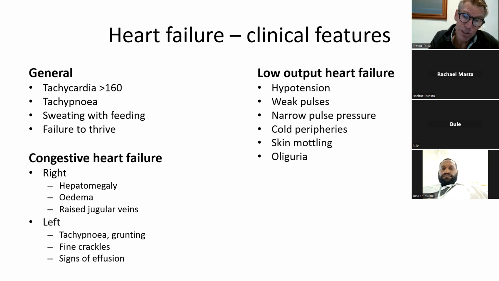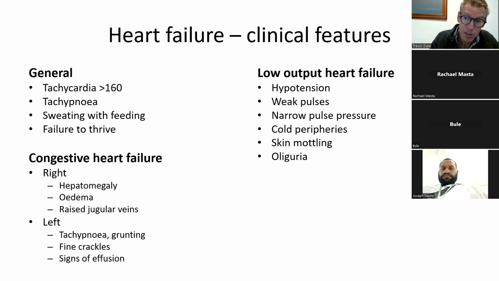But the clinical features of low output heart failure are like hypotension. If you've got low cardiac output, instead of the pulmonary veins being very congested, the ventricle's just not functioning and it's not pushing blood out. The stroke volume is very low, so it's not pushing blood out to the systemic circulation.